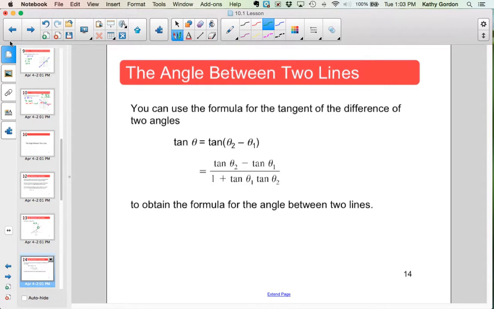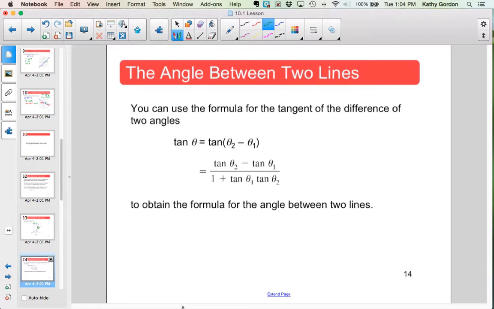we're going to take this tangent of theta 2 minus theta 1, and we're going to go back to everyone's favorite topic, trig identities. That's what this is. Okay? This is the trig identity for when we have the tangent of a difference. That's where this is coming from. It's not magic.